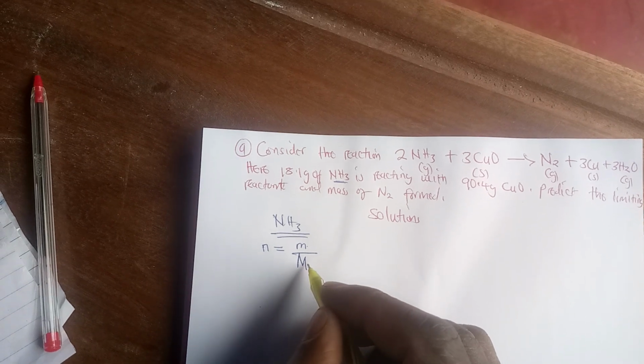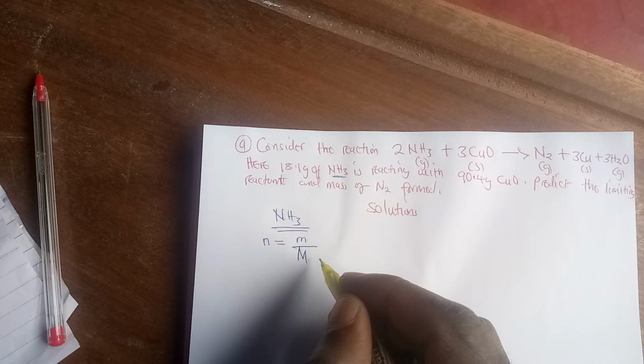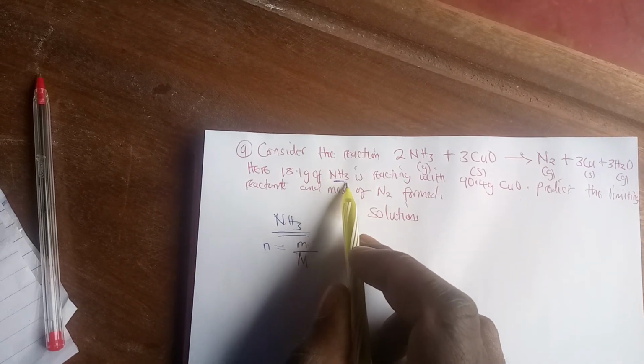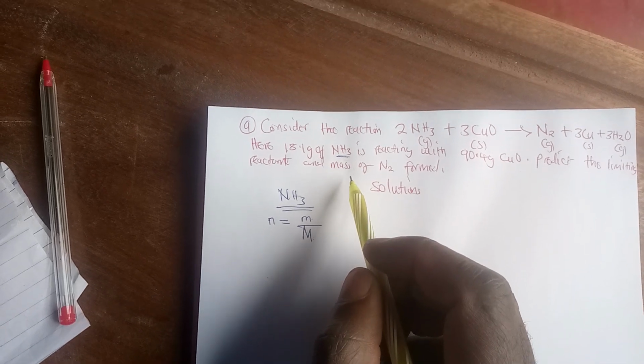So where do we get the molar mass? For the molar mass, we add the atomic masses of the elements that are in a compound. So in this case, we are adding the atomic masses of ammonia.